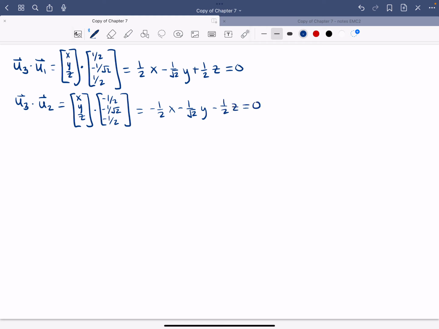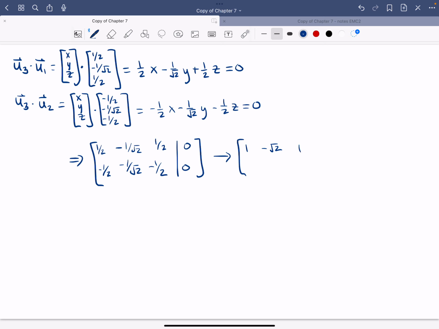Okay. I've got two equations, so I can put this as an augmented matrix. I don't like all these denominators, so I'm going to multiply everything by 2. It's going to be 1, negative rad 2, 1, negative 1, negative rad 2, negative 1.